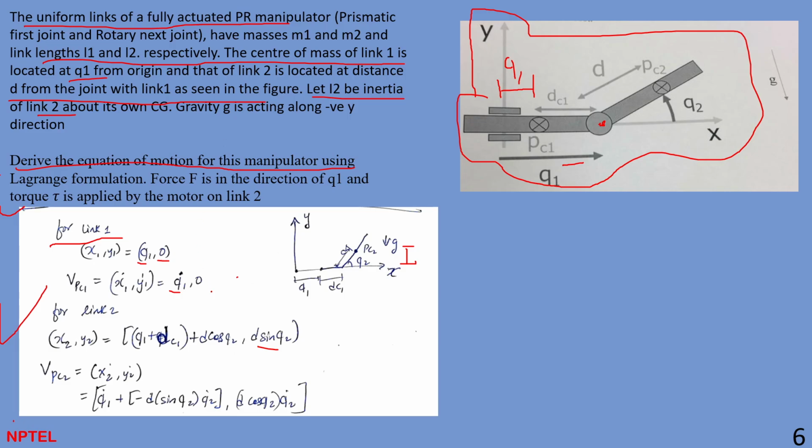Q1 is basically D dot squared, and the velocity term is replaced by squaring this term, which has two terms: x2 dot squared plus y2 dot squared.